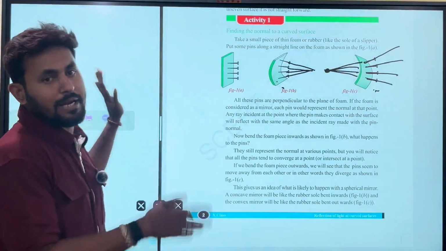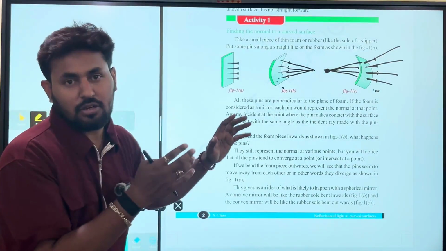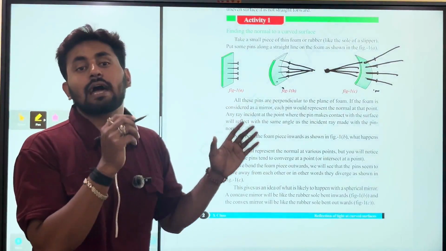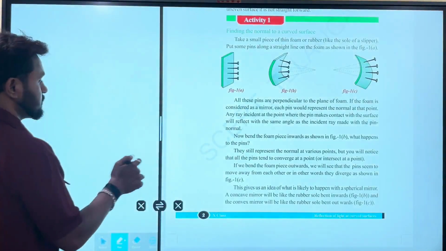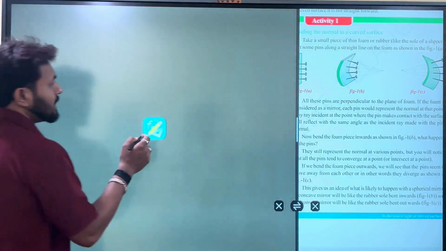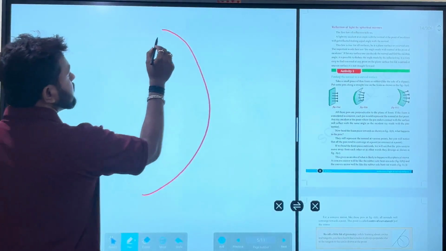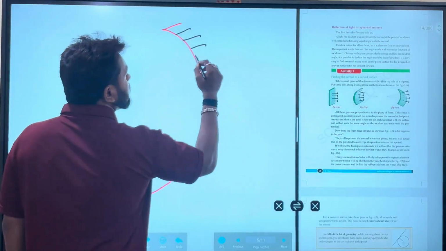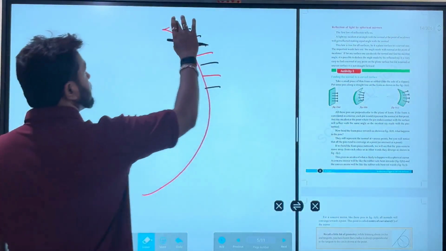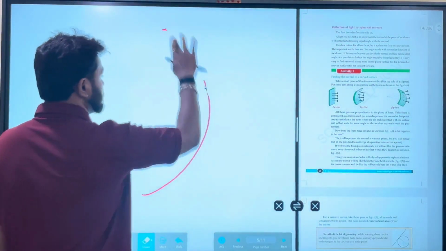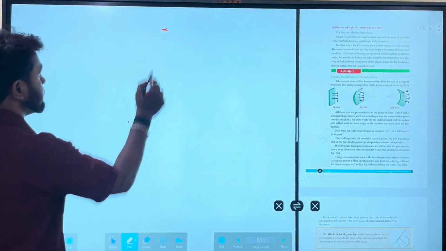I have shown you by drawing the diagram also. I will draw the diagram once again for the convex mirror, and I'll show you how the ray of light after getting reflected gets diverged. Let me draw this for you once again.